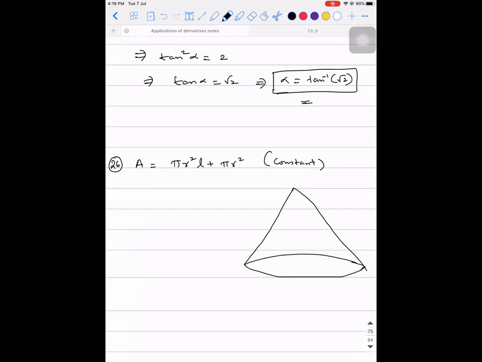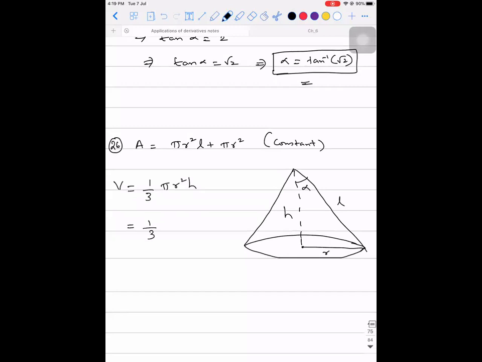So this is h, this is L, this is alpha. So pi r square L plus pi r square. So our work is to involve the angle into the area, right? So what can we do? Okay, volume has to be maximum. Volume is 1 by 3 pi r square h.